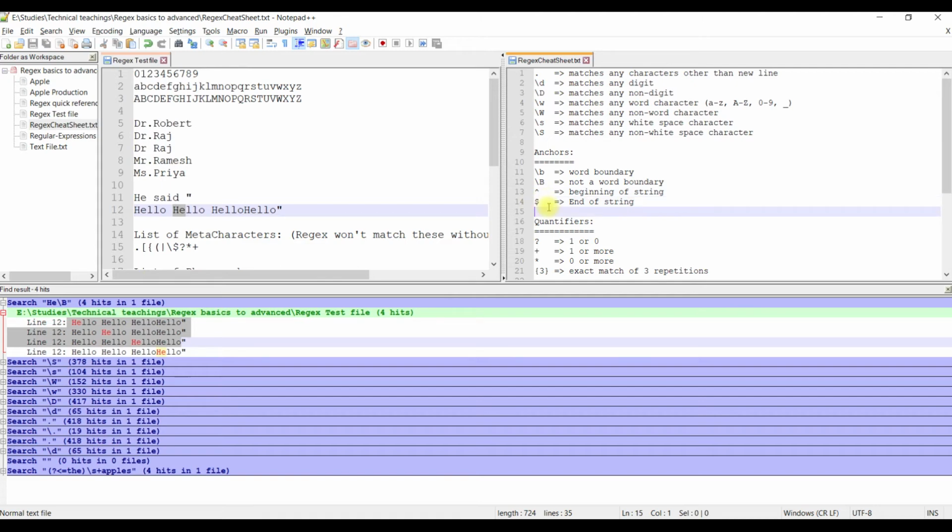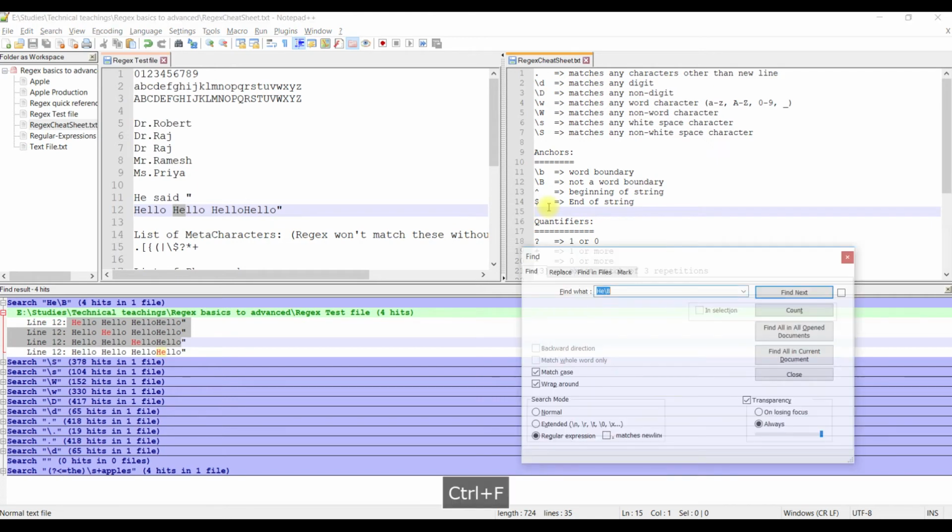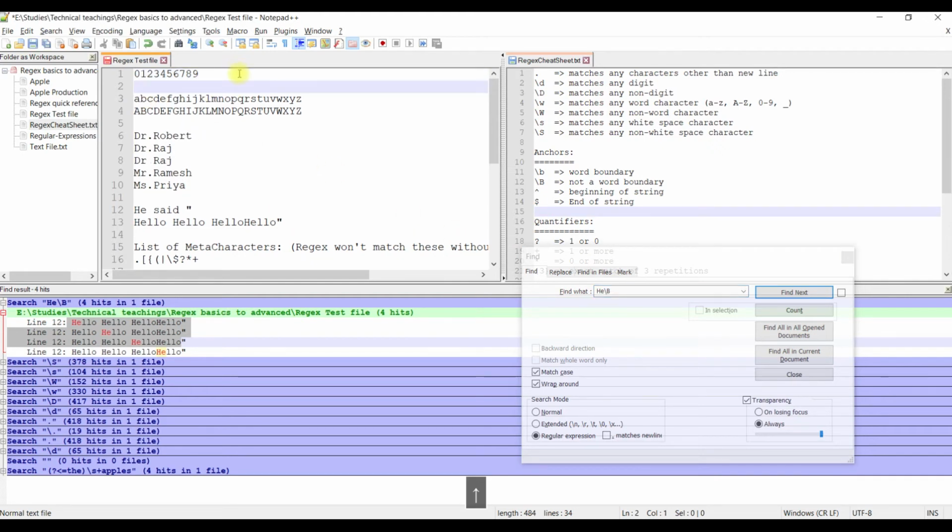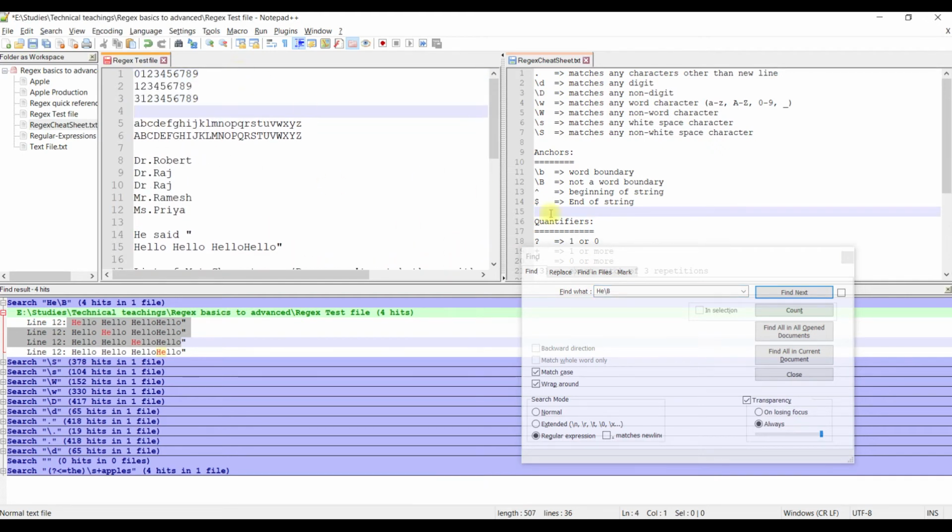So now we have seen the word boundary and not-a-word-boundary characters match. Now when we try to use this caret, which means beginning of the string, or we can consider it as the beginning of a line. So in this line, we are having 0 at the start. In case you want to match anything, for example, if I'm having a lot of numbers like this, and you want to match one line that starts with 0, then I can use this caret symbol and then 0.